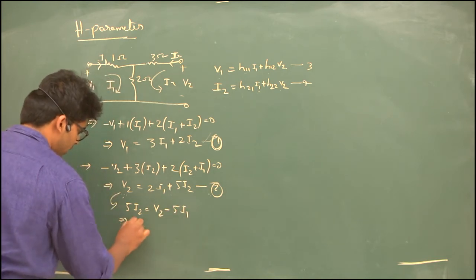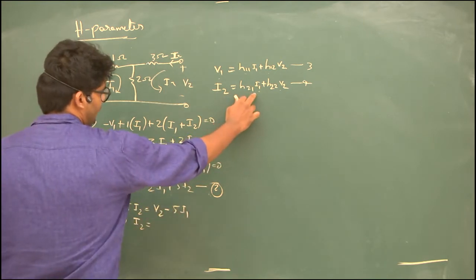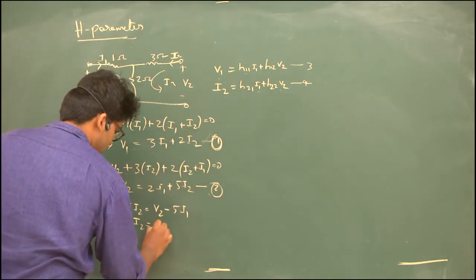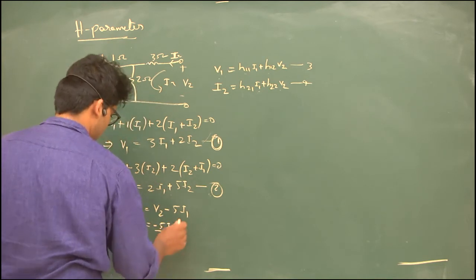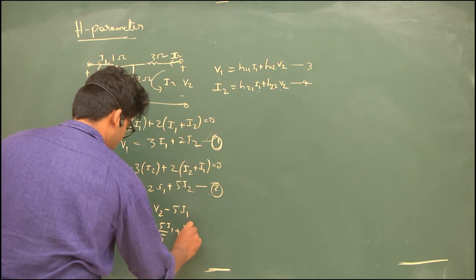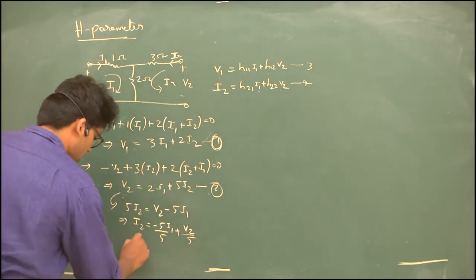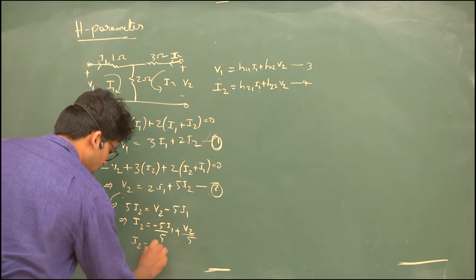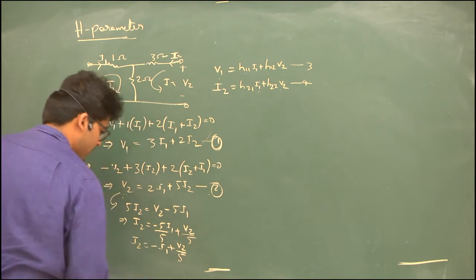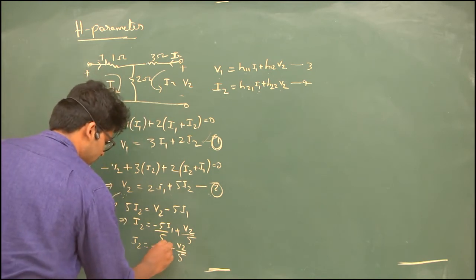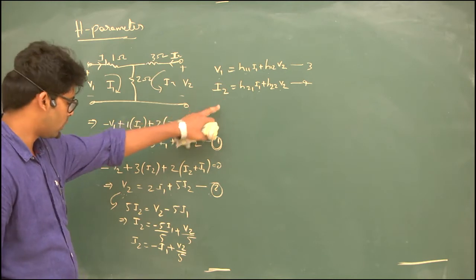So further, I2 equal to minus 2I1 by 5 plus V2 by 5. This is the equation in the form of equation 4.